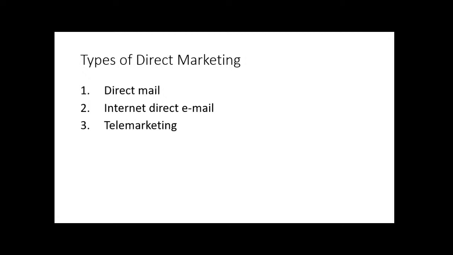Generally, we have these categories: direct mail, internet direct email, which may be some other specified messaging that we use, including social media, Instagram, Facebook, Twitter, and then telemarketing, the use of the telephone, which can also include text messages, which is very effective in marketing these days. Maybe not quite as effective as a direct call. Nonetheless, it's still effective. So these are the types of marketing that we're going to look at.